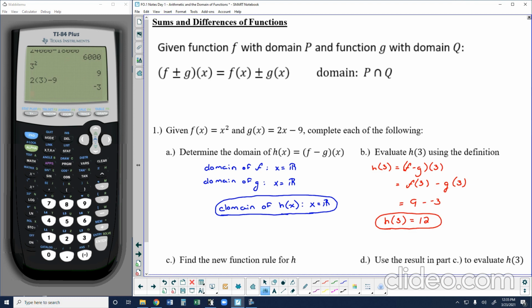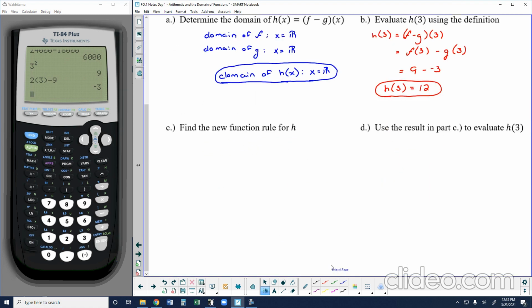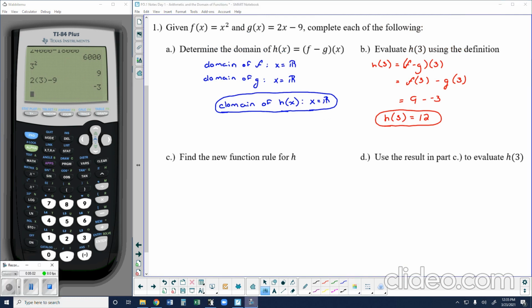Now in part C, what we're actually going to do is find a different way to evaluate h of 3. So C says write the new function rule for h. Again, h of x is the subtraction of these two. So essentially, h of x is written, again, as f minus g of x, which can be substituted as f of x minus g of x.